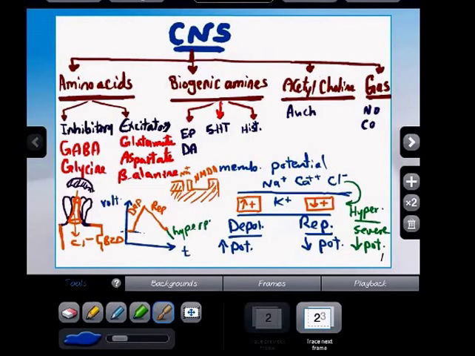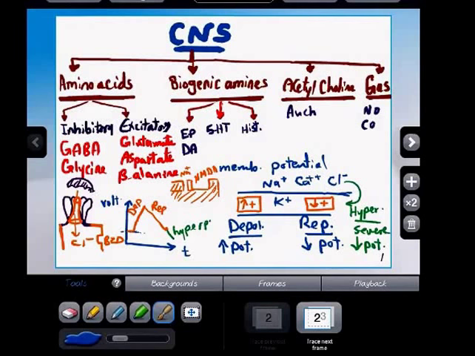The central nervous system is the brain and spinal cord, and the peripheral nervous system is the autonomic nervous system and the somatic nervous system. Somatic is present with the skeletal muscles, and it's for voluntary movement. But the autonomic nervous system is for involuntary movement, like the sympathetic and the parasympathetic.